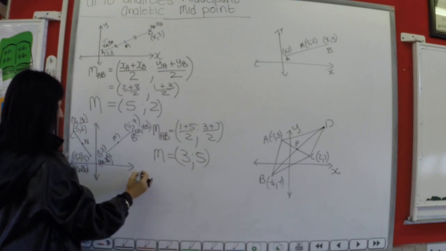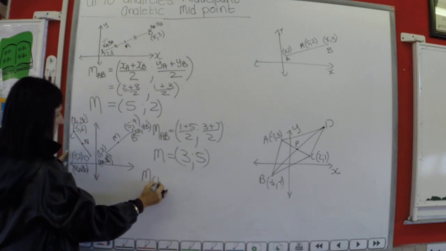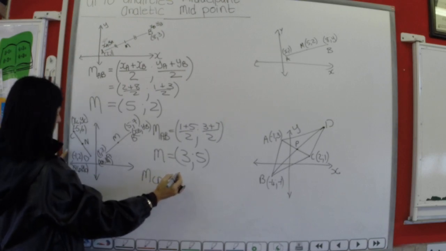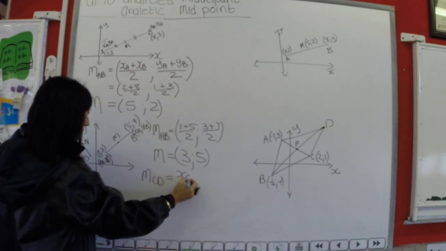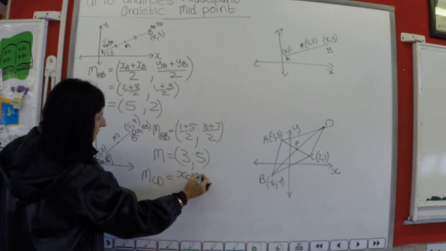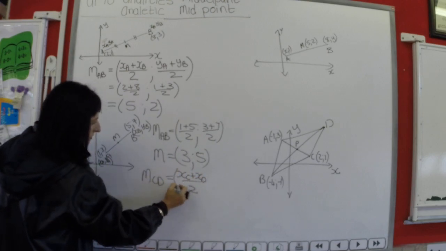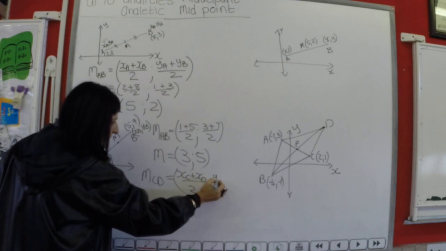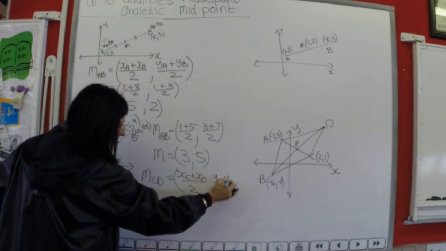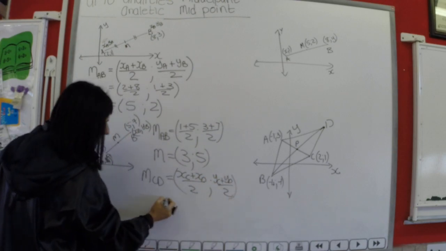Let's get the midpoint then of CD, that's now N. So we've got the X of C plus the X of D divided by 2, kommapunt, Y van C plus die Y van D gedeel deur 2. Sluit jou hakkie.